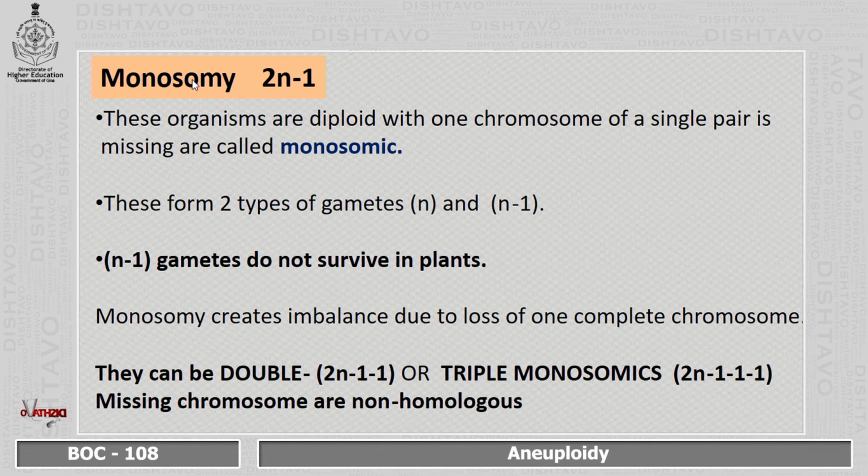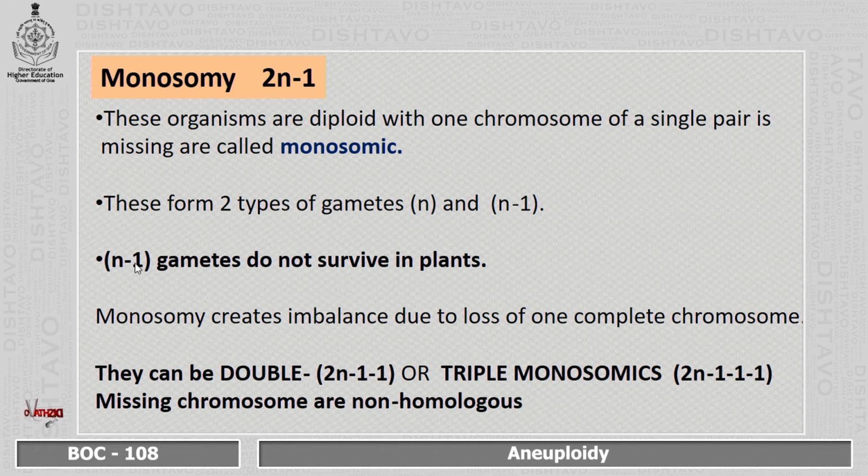So, we take a single one, that is monosomy. What is monosomy? It is the formation of an aneuploid with one chromosome less. These organisms we call monosomics. They are diploid, with all other chromosomes except one chromosome of a pair missing. Such an organism forms two types of gametes, one with the normal set and the other with one chromosome less, n minus 1.